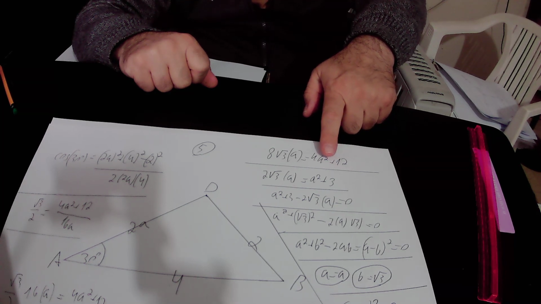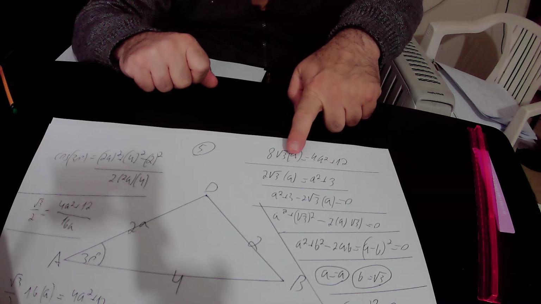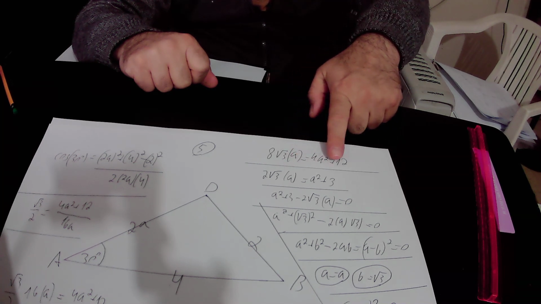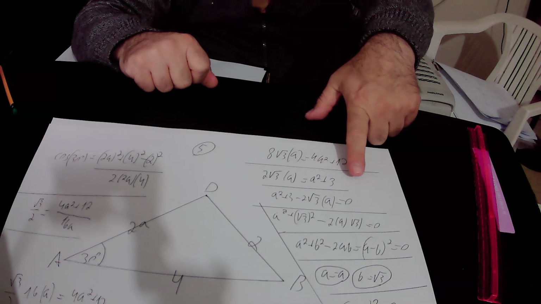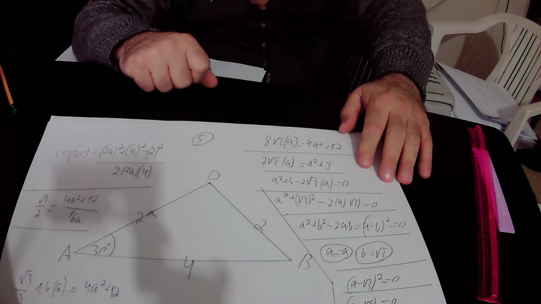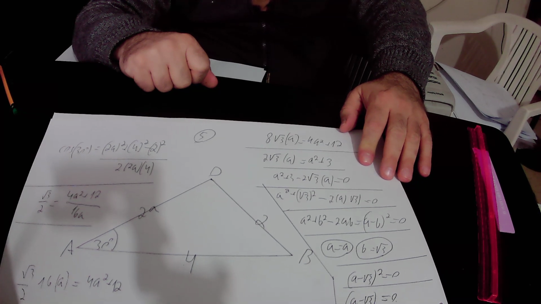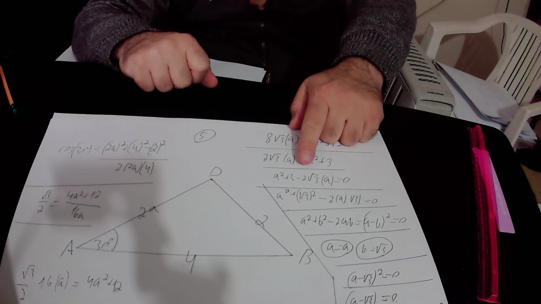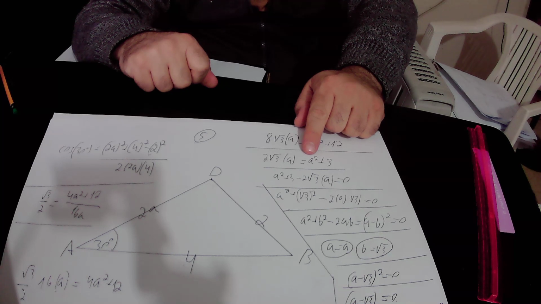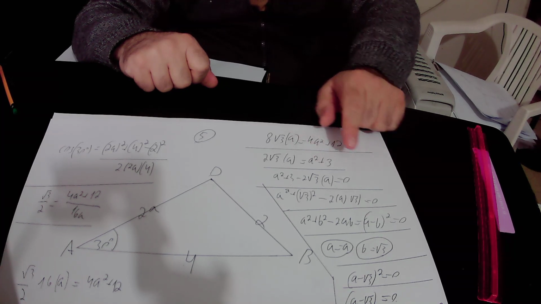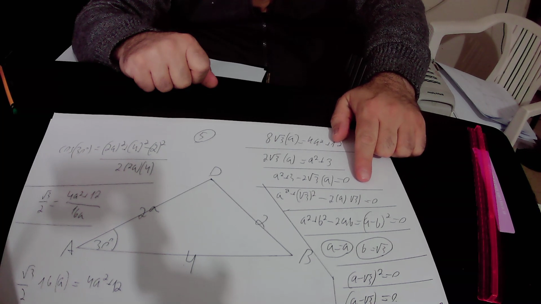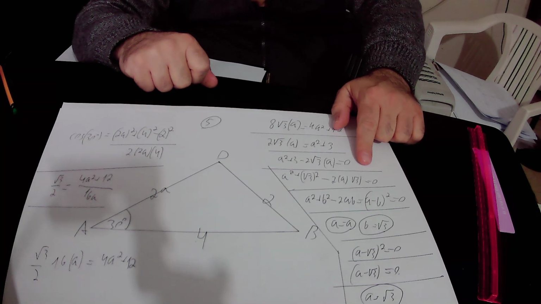We subtracted 2 times square root of 3 times a from this equation, and we got that a squared plus 3 minus 2 times square root of 3 times a equals 0. We substituted 3 by square root of 3 squared, and we got that a squared plus square root of 3 squared minus 2 times a times square root of 3 equals 0.